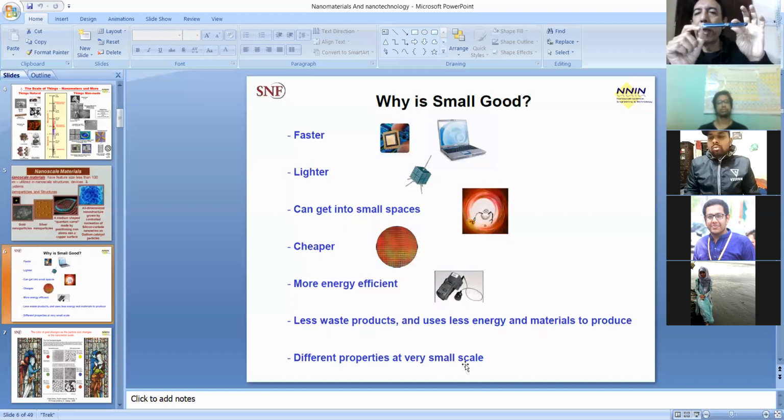But if I take 2 to 3 atoms or molecules from it, the property of that material will be different. So this is the main reason. At a very small scale, the property will be different. For that, small is good.